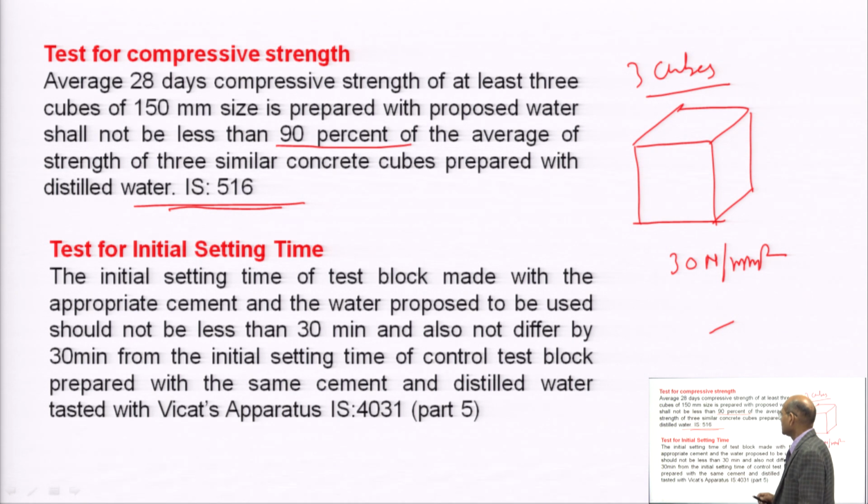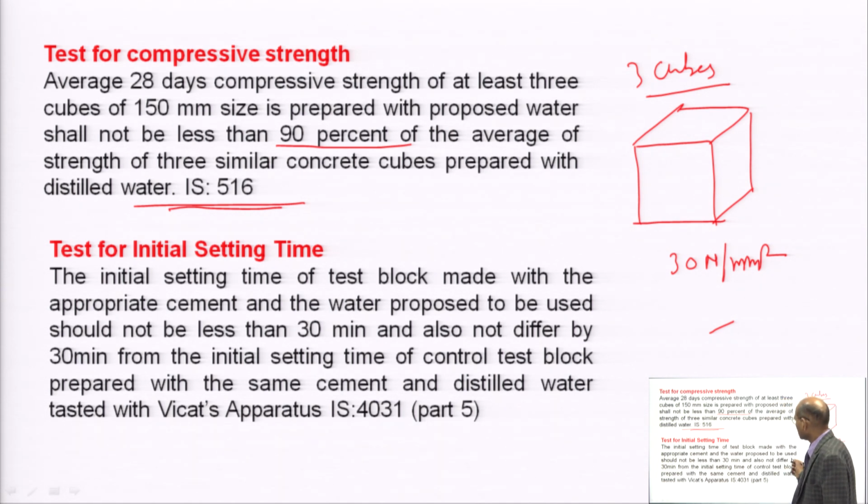And similarly, the test for initial setting time. The test is done with the help of the Vicat apparatus, governed by IS 4031 part 5, and we have to take distilled water and also the water which is to be tested.